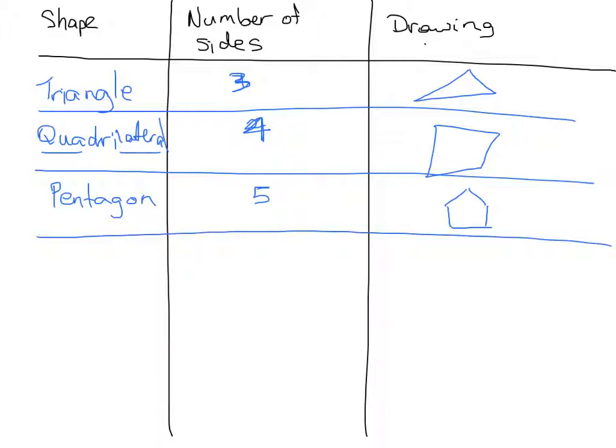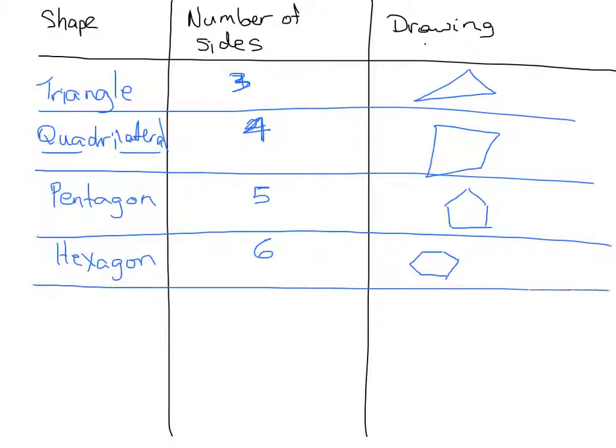All right, one more side here gets up to 6, and we have ourselves a hexagon. And my hexagon looks a little something like this. Let's double check. Yep, that's 6 sides, and that's a hexagon. And I could keep going. A 7-sided figure is called a heptagon.